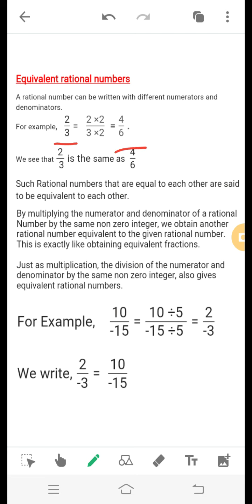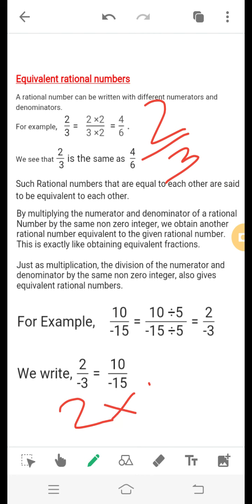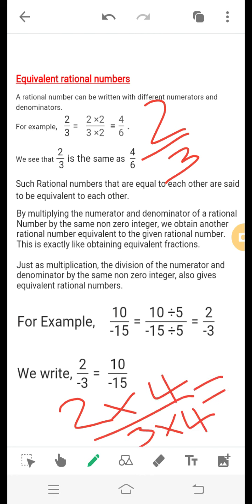By multiplying the numerator and denominator of a rational number by the same non-zero integer, we obtain another rational number that is equivalent to the given rational number. Suppose this 2 by 3; now if I multiply 2 upon 3 by 4, the result is 2 fours are 8, 3 fours are 12.